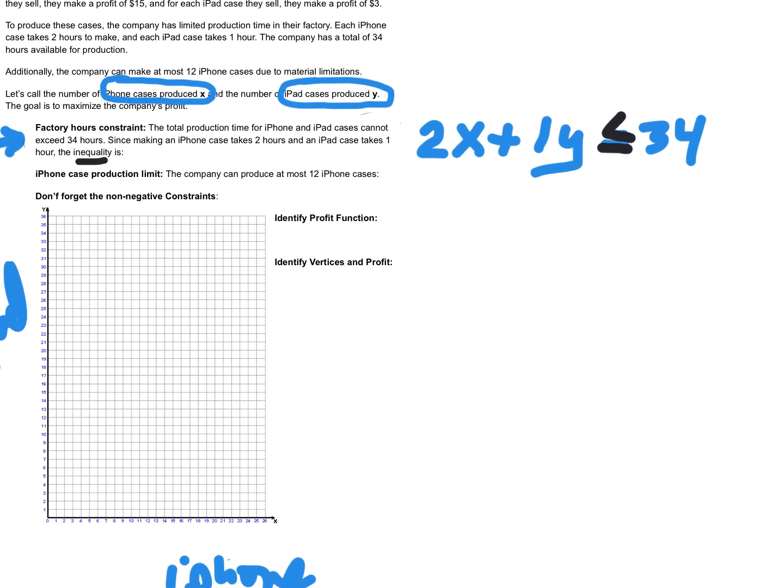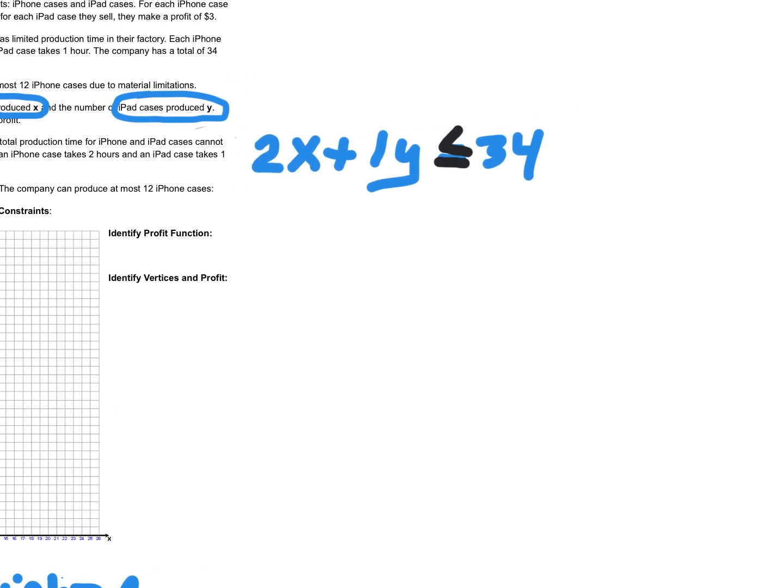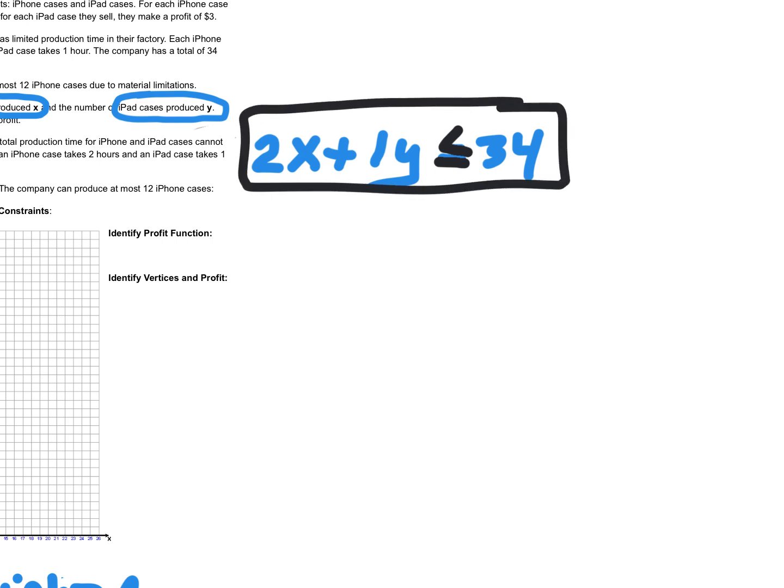All right, now if I was going to graph this, which you will eventually, you'd want to solve it for y. One of the top 3 skills for this test is you got to be able to solve for y. So everybody take a second, solve for y.